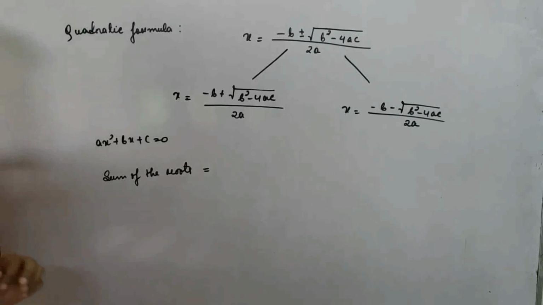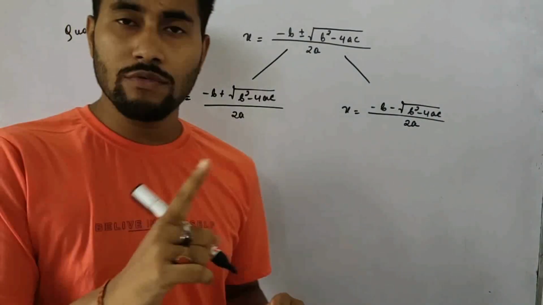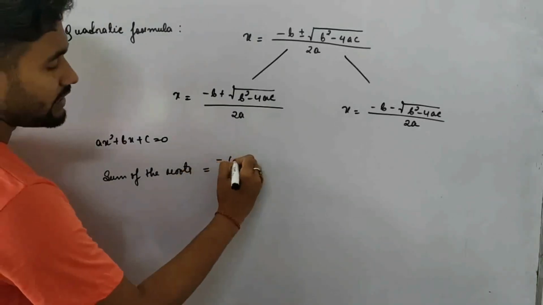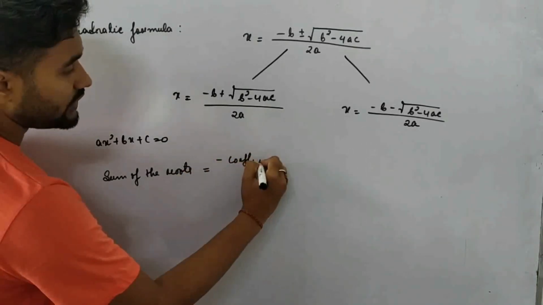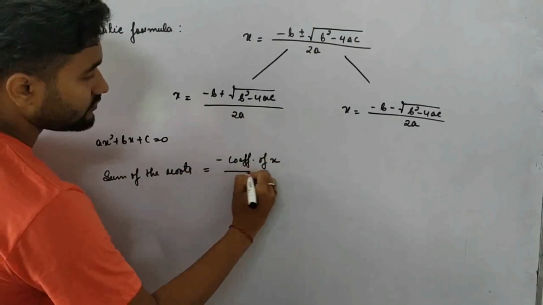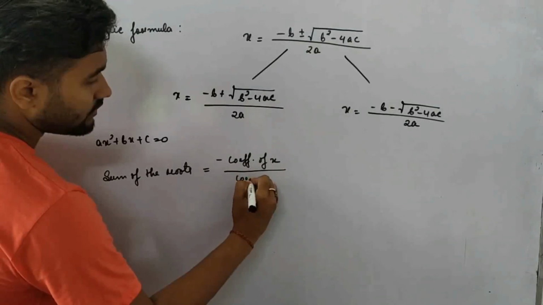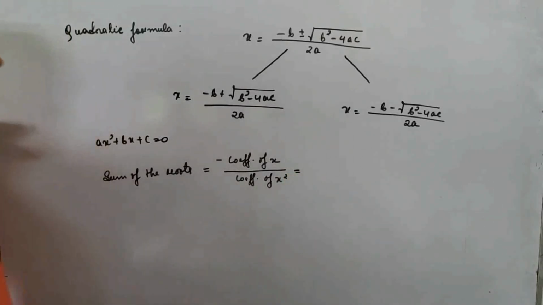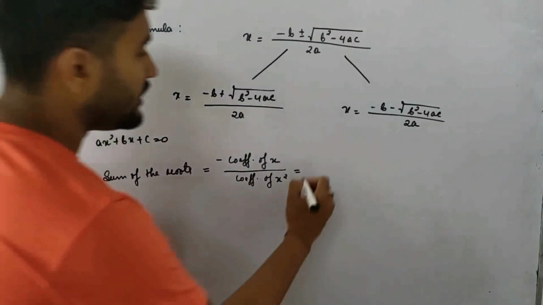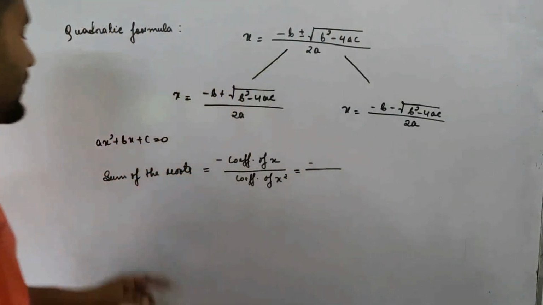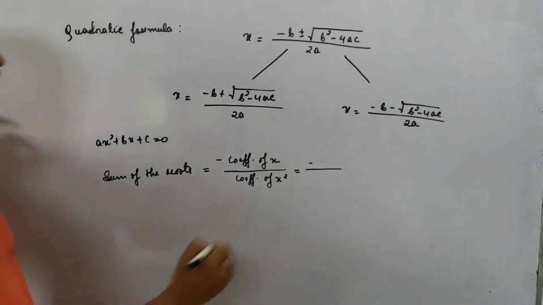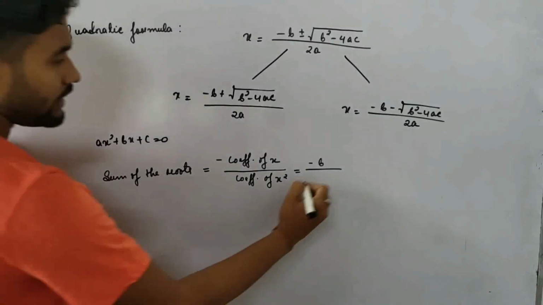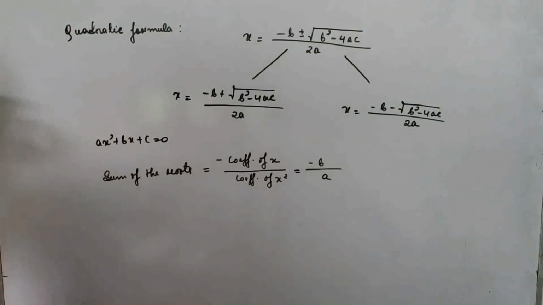Minus coefficient of x by coefficient of x square. In polynomial we have done minus coefficient of x by coefficient of x square, isn't it? So minus coefficient of x divided by coefficient of x square. In short, minus will definitely come, it is in the formula. And then what is the coefficient of x? b. So minus b. What is the coefficient of x square? a. So minus b by a.